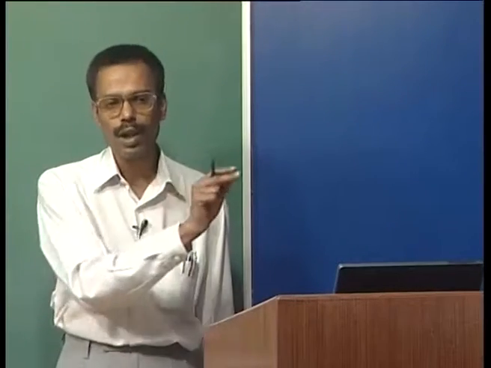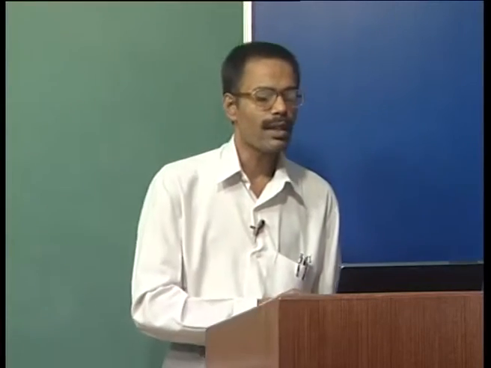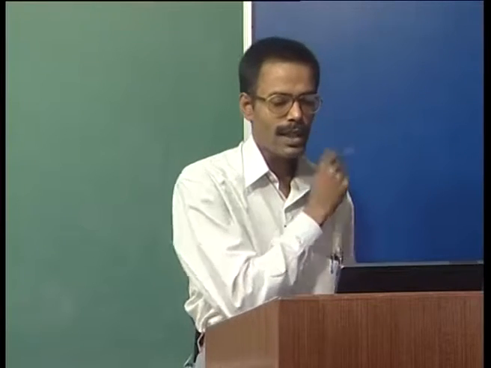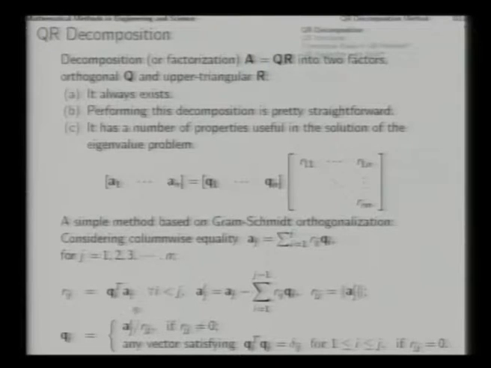So, what you do is, whatever columns of matrix Q you have found, q1, q2, q3 up to qk minus 1, any new unit vector which is orthogonal to all these k minus 1 old column vectors is acceptable as qk. So, if rjj is non-zero, then this is a constraint based on which you determine qj.